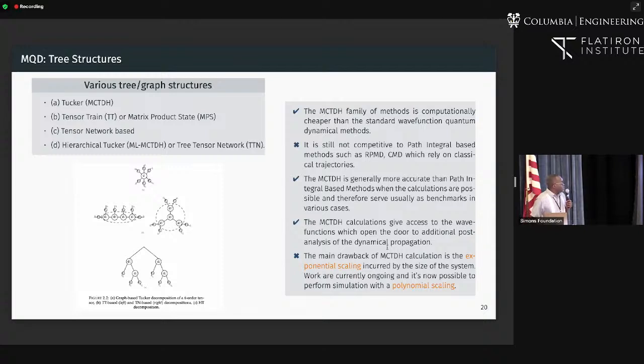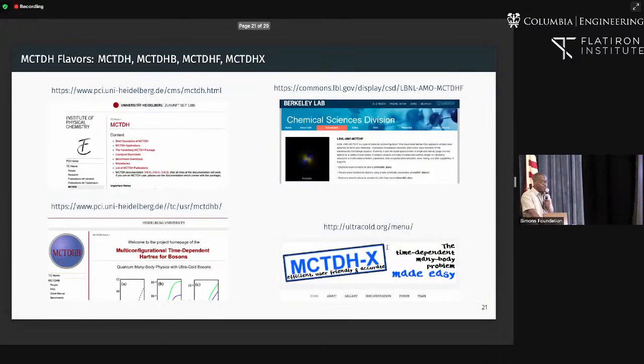And to close a parenthesis about this MCTDH method, I want to mention that there are many flavors of this method. There's the method that we are trying to use for this code, which is this one. They almost all originate from Heidelberg in Germany. A few years after this one was developed, they developed this second one for bosons, so more towards condensed matter and ultra-cold systems.